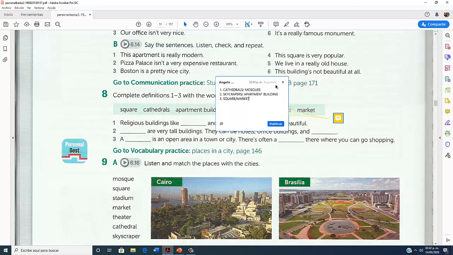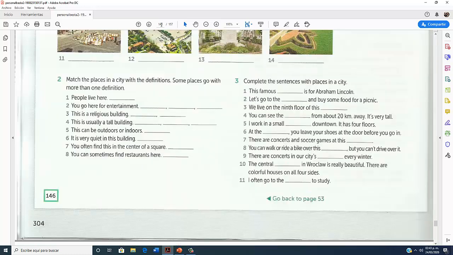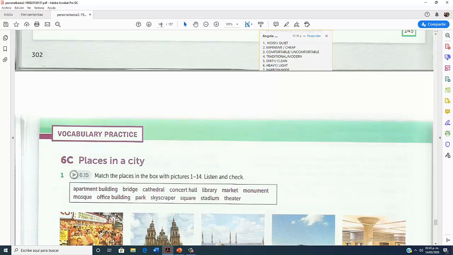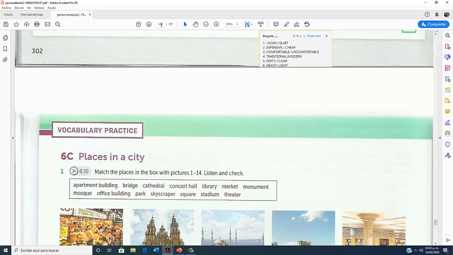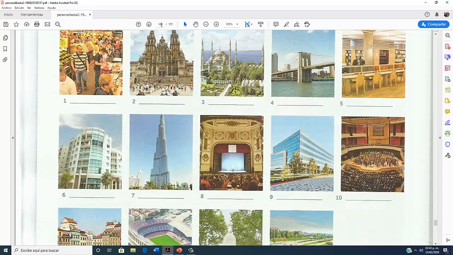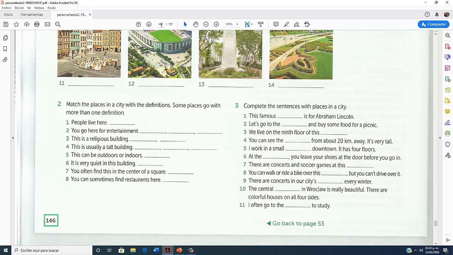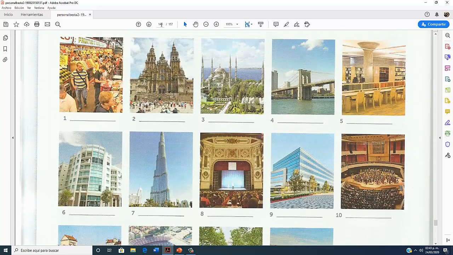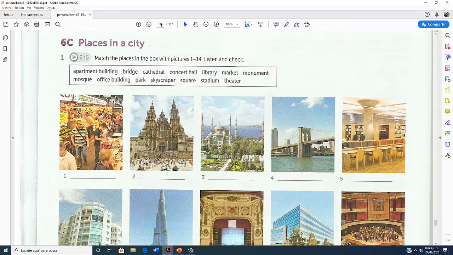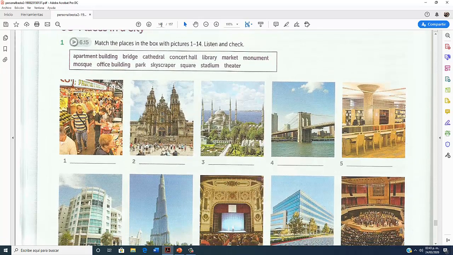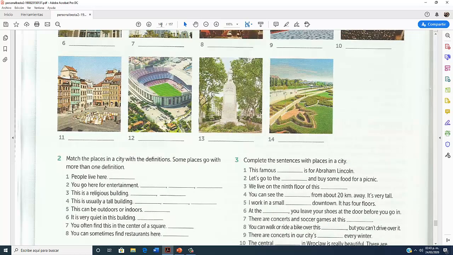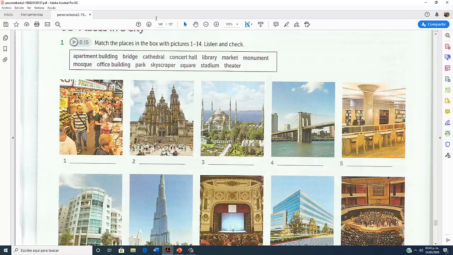And here we have on page 146 one more page of places in a city. Match the places in the box on page 146 to the pictures 1 to 4. Then listen and check. Now, everyone follow me with the pronunciation so that we can then match, okay?